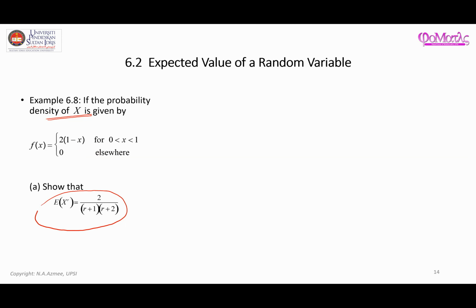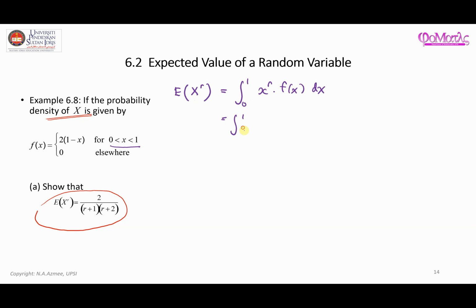So if you want to find what is E(X^r), you can start with the definition. So this is what you are looking to find, and according to the definition, you have this multiplied with f(x) dx, and the limit is going to be from 0 to 1, because that is the range given for x.